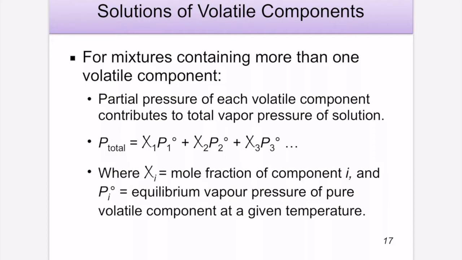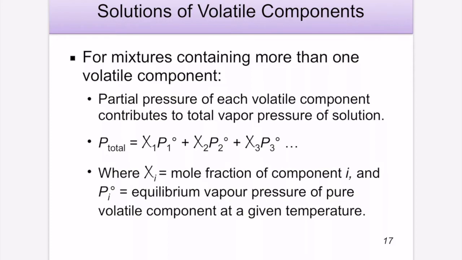And the partial pressures are going to depend on how much of each of those components is in the solution. So if there is a lot of octane and a little bit of heptane, the vapor pressure will more closely represent the vapor pressure of octane. If we have a 50-50 mixture, it's not necessarily going to be halfway in between the two vapor pressures, but it'll be somewhere in the middle.